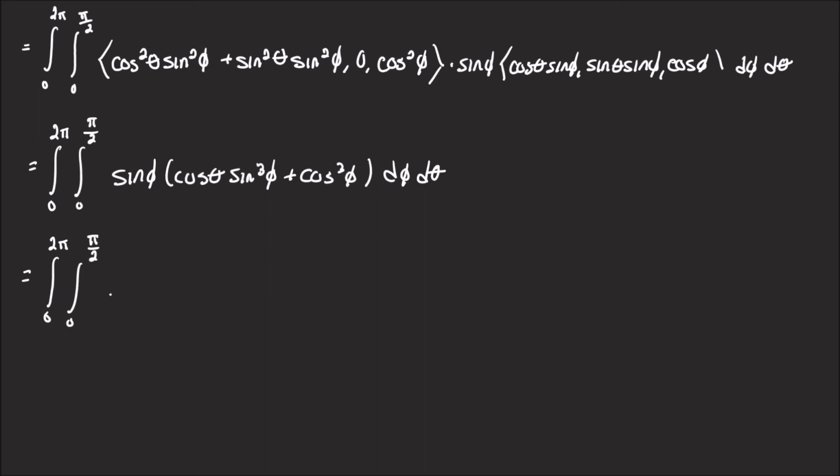Distribute that through, we'll be left with cosine of theta sine to the fourth phi plus sine of phi cosine cubed of phi, d phi d theta.